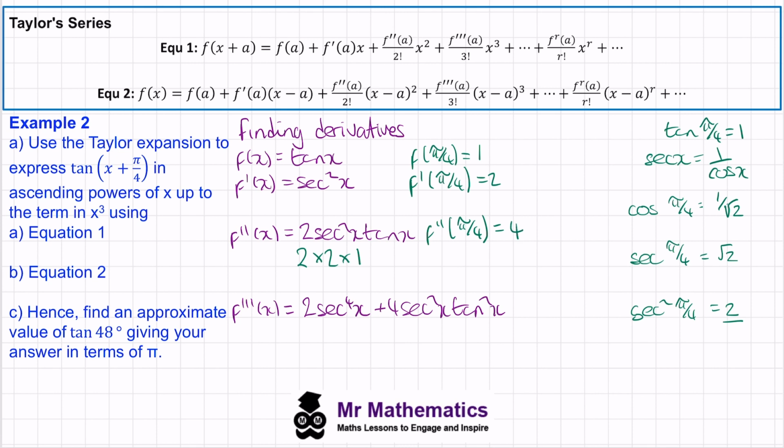And for our third derivative, we get sec to the 4, which is the 2 squared, so 4, times that by the 2, plus this 4, times sec squared, which is again 2, times tan squared. So this becomes 8 plus 8, which is 16.